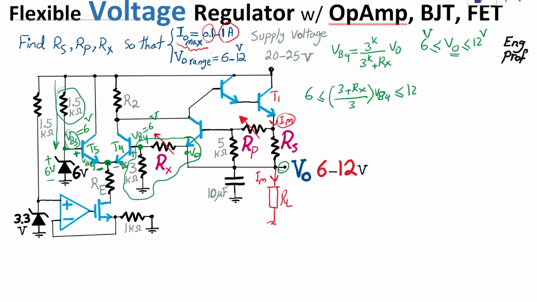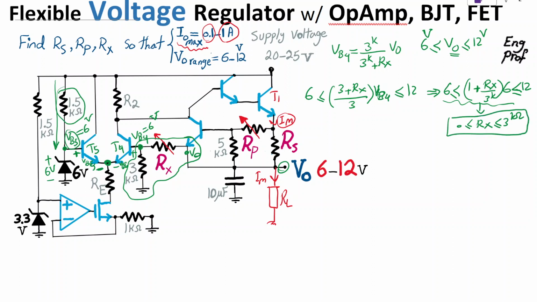VB4 is 6 volt, so next step is 1 plus RX over 3K times 6 volt is between 12 and 6. So as a result, what we obtain from this is RX is between 3K and 0.